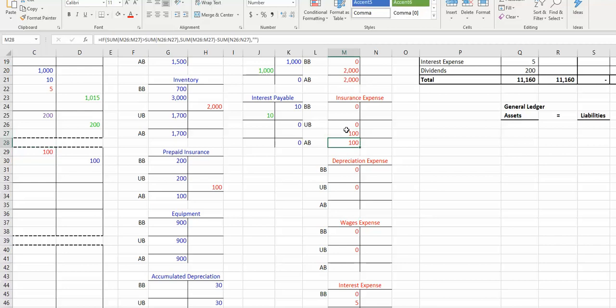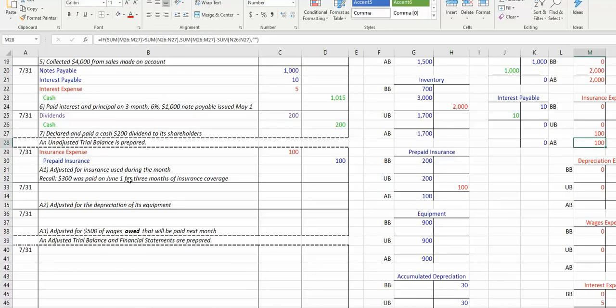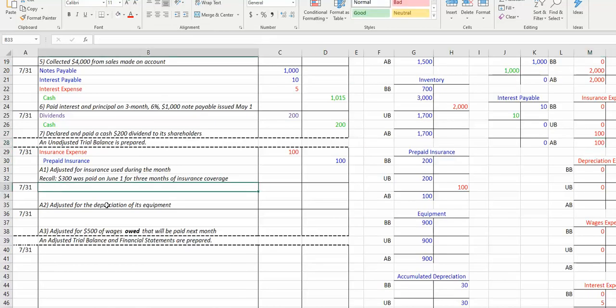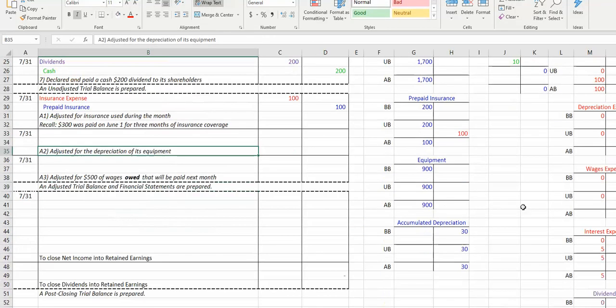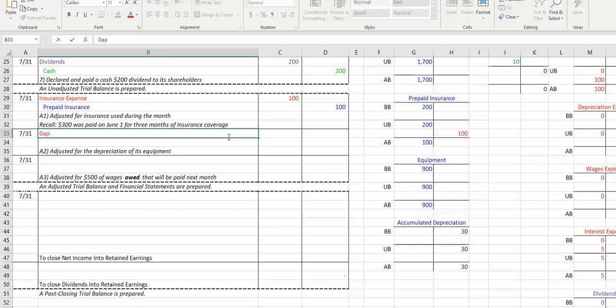the insurance expense. The next is the depreciation, and you have to look back at it, the depreciation is at a rate of $15 per month. I'm going to debit depreciation expense. The using of an asset is an expense.